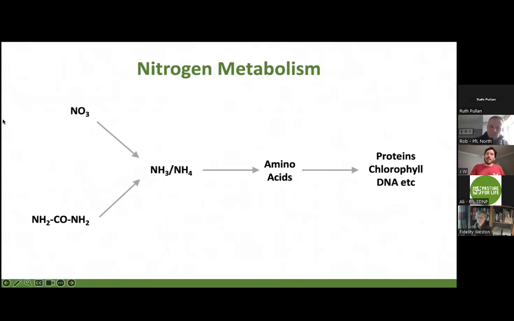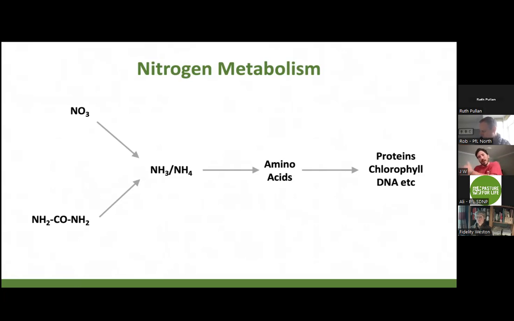But ultimately, these are really just building blocks. The plant acquires them with the goal of turning them into these other more functional and useful organic molecules like amino acids, and particularly onwards into all these other things like proteins, etc.